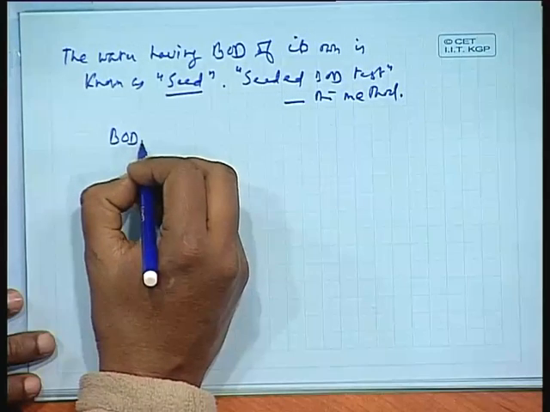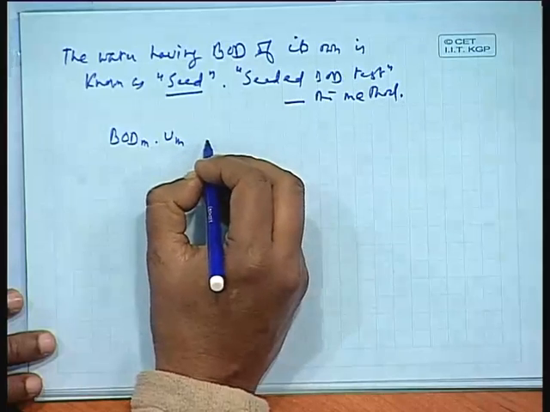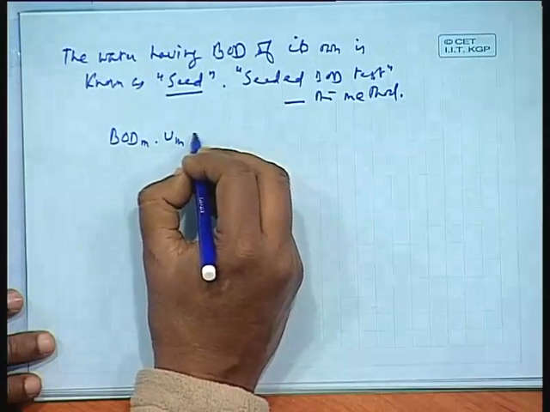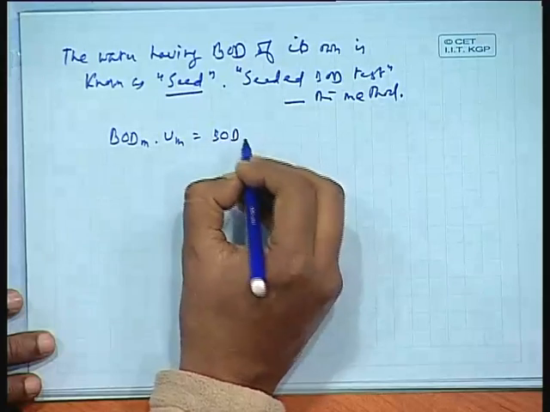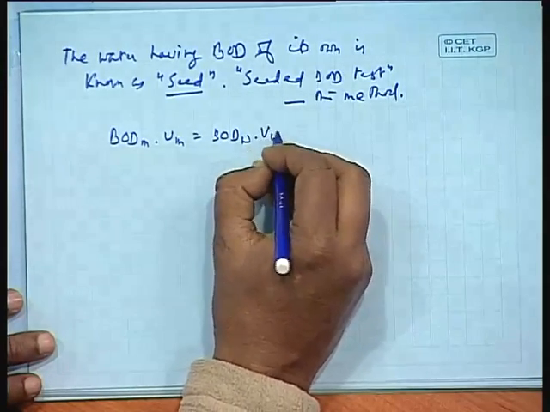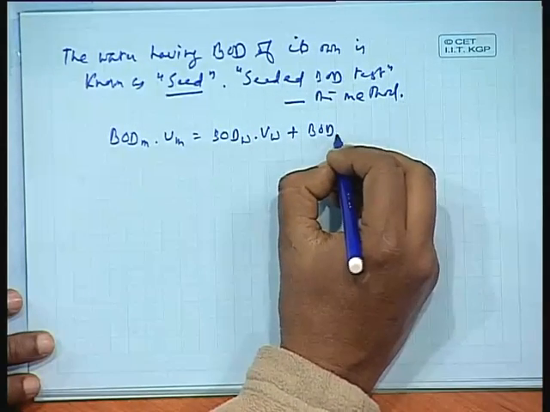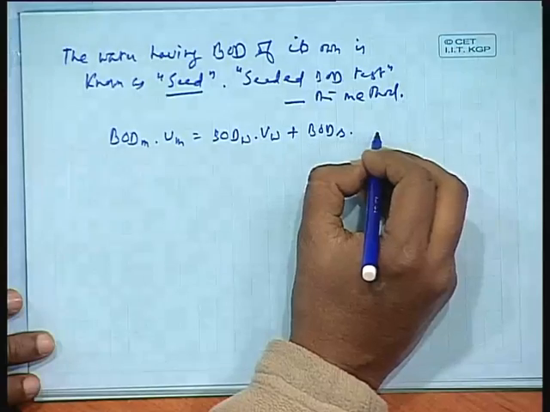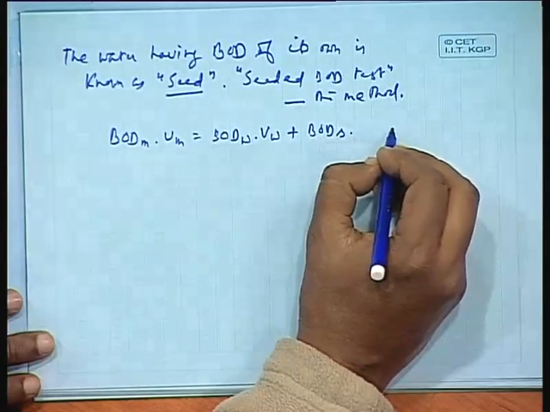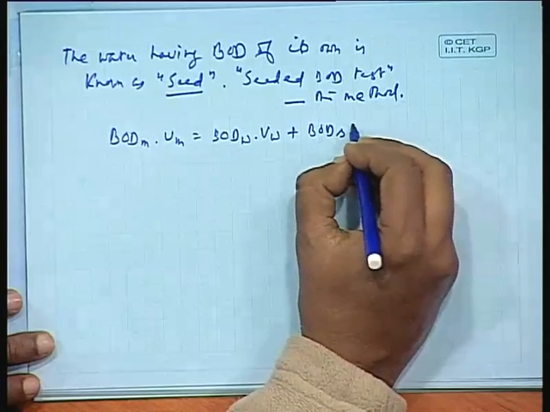BOD of the mixture times the volume of the mixture is equal to BOD of the wastewater times the volume of the wastewater plus BOD of the seed times the volume of the seed.